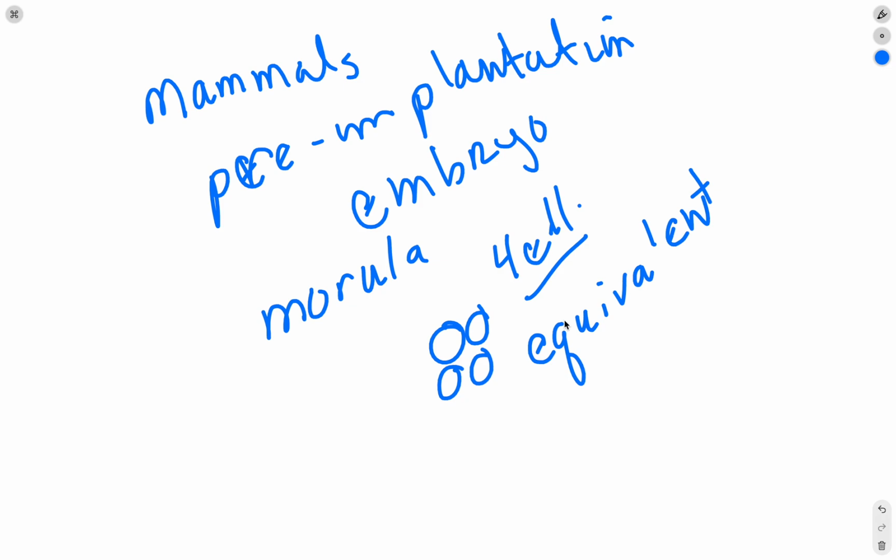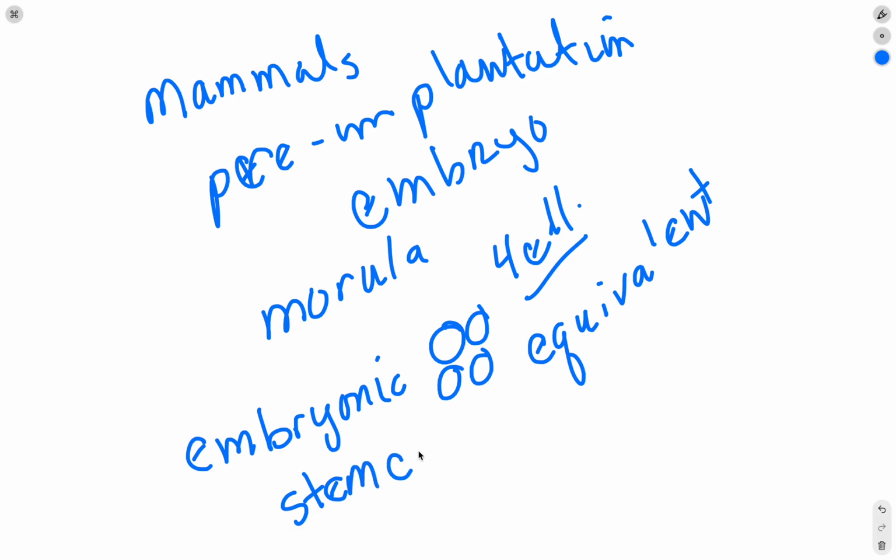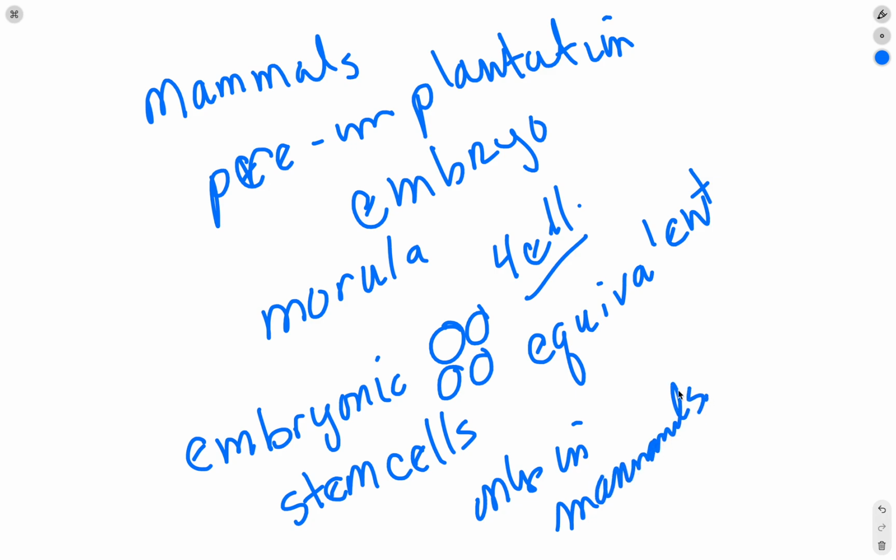If we split it more, 4, more and more and more. Okay? This is the stage when all the cells in the embryo are called embryonic stem cells. And embryonic stem cells only occur in mammals. And they're fascinating because each cell has the potential to make the whole organism.